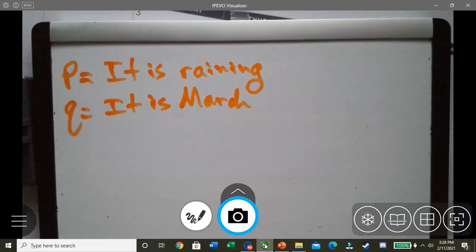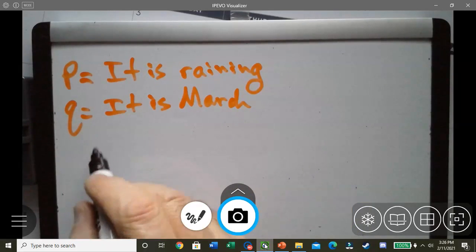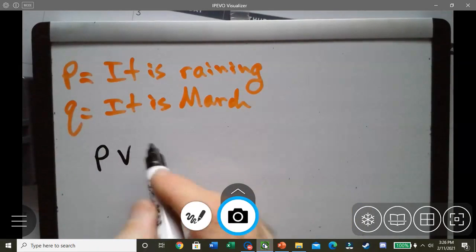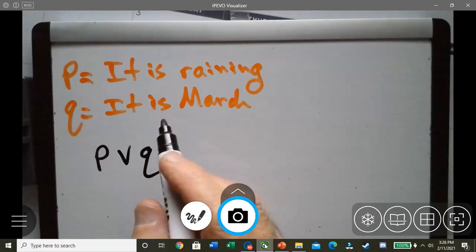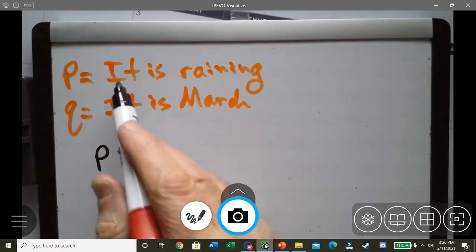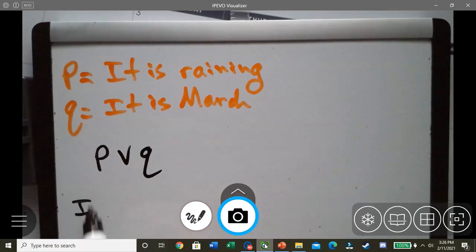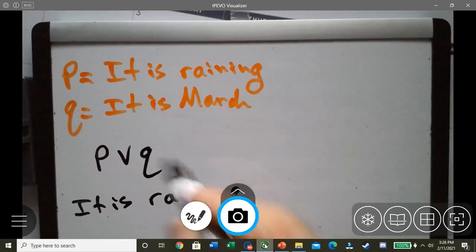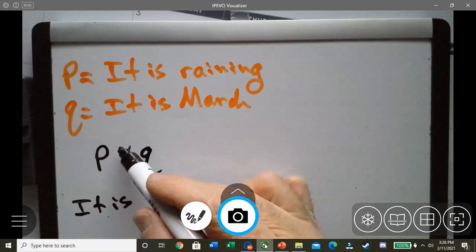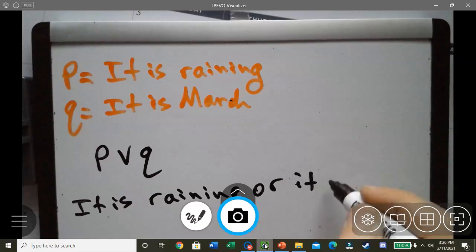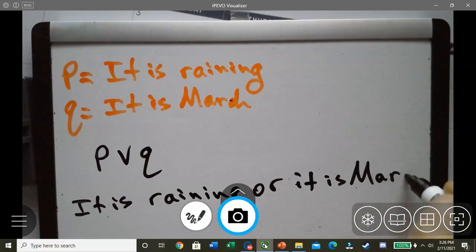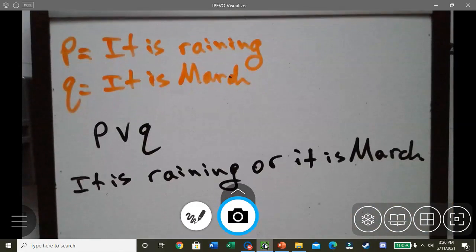Okay, so we're looking at the problem P or Q. Since P is it is raining, we would put it is raining. The V looking symbol means or, and then Q is equivalent to it is March. And there we go, we've converted our symbolic statement into words.